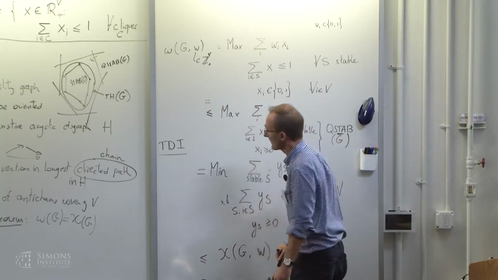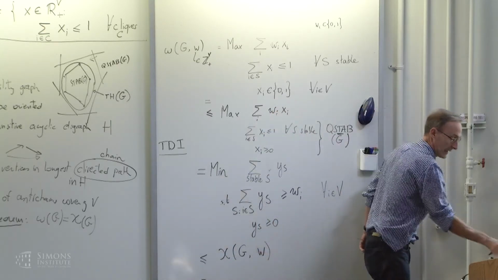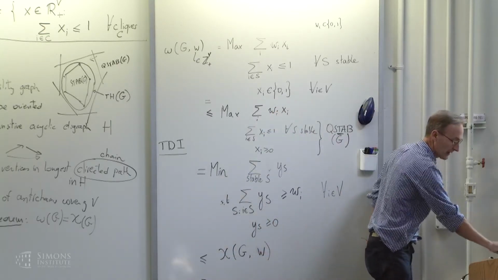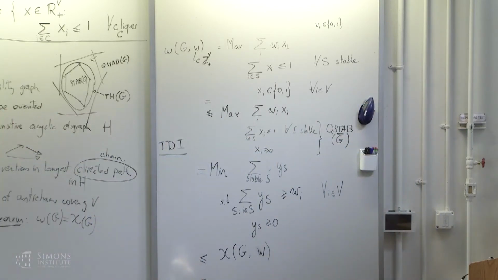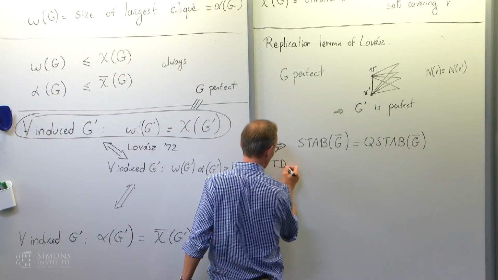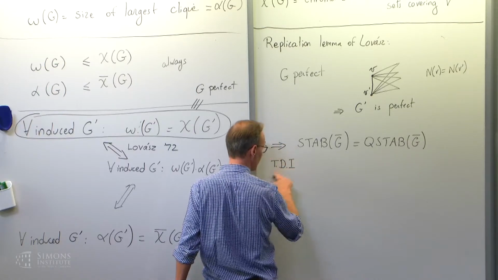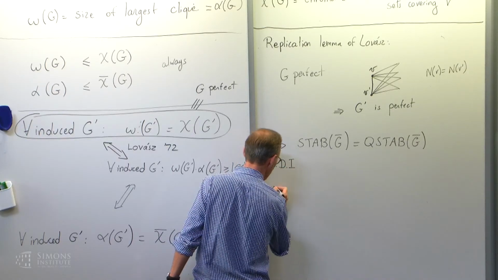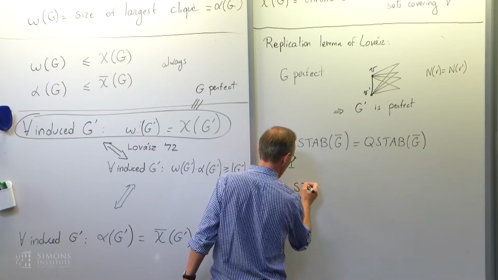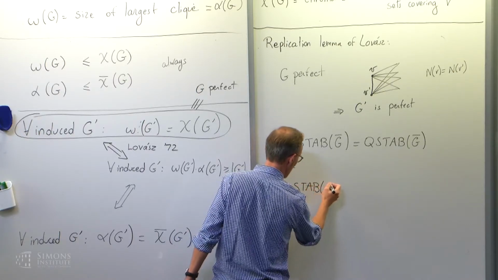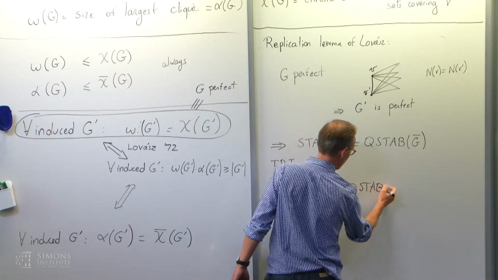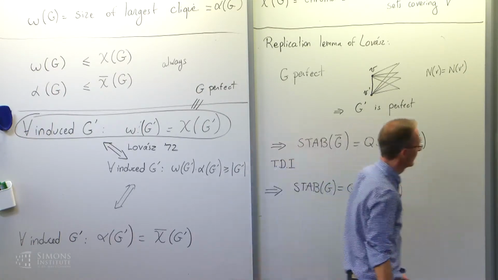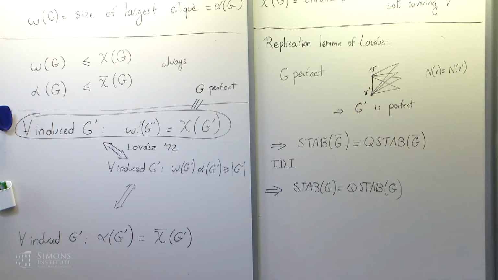I'd like to derive that I also have the same property for Q stab of G. So this plus this integrality of the dual, I want to show that this implies that stab of G is equal to Q stab of G. So let's do this. Question?